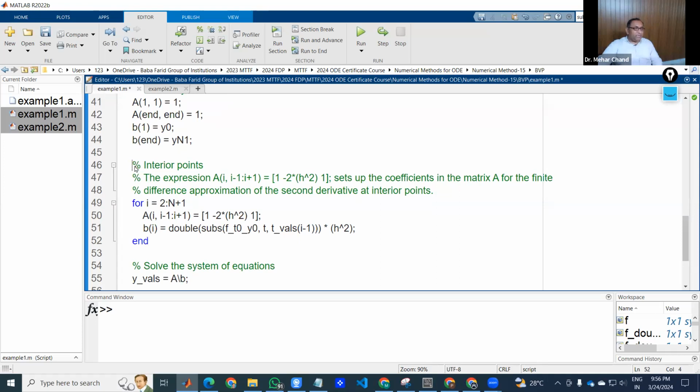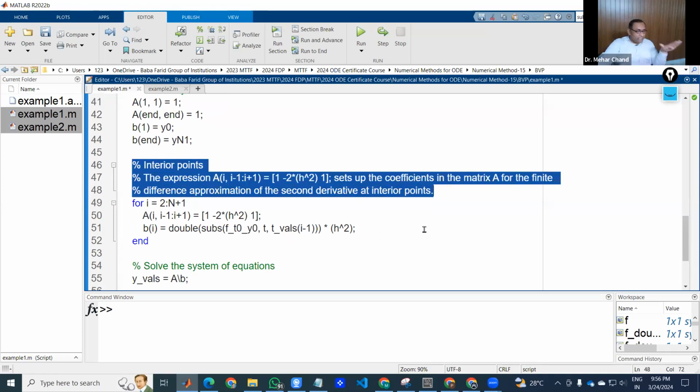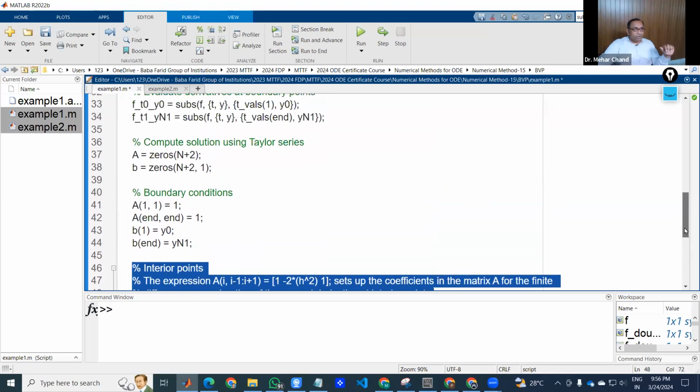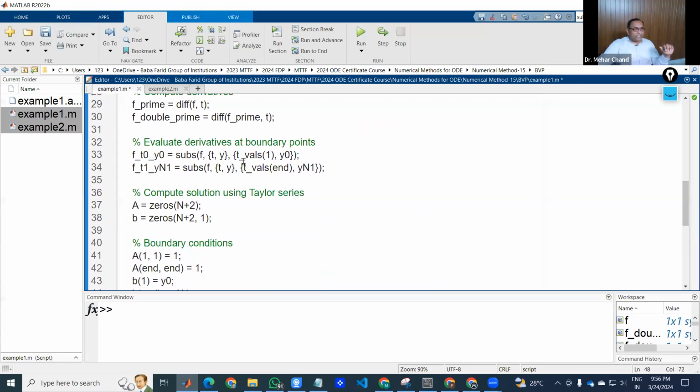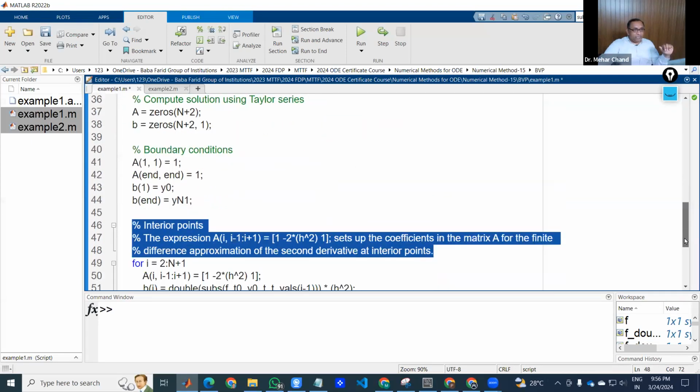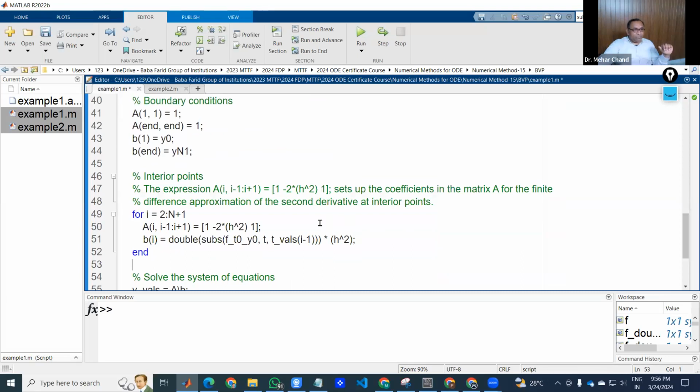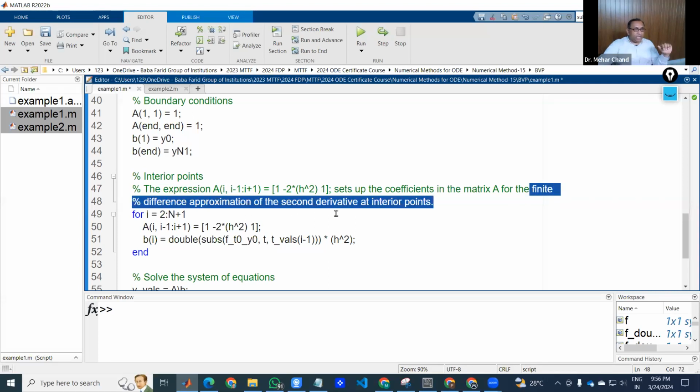This is a little bit typical because, as we do while using the finite difference method, we have a system of equations, we compare the coefficients, and then from that we have the A matrix and B matrix. The same approach we have to use here because the Taylor series involves first order and second order derivatives, and for that you can use finite difference approximation for the second derivative at interior points.